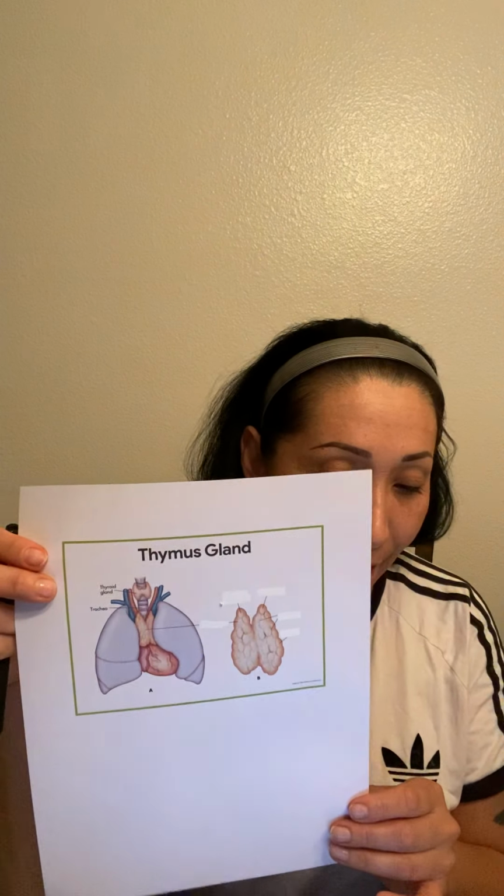Then we have the thymus gland. The thymus is located in the upper anterior front part. So we're looking at the chest. Here sits the heart, the lungs, and these wonderful little glands are right in the middle there.